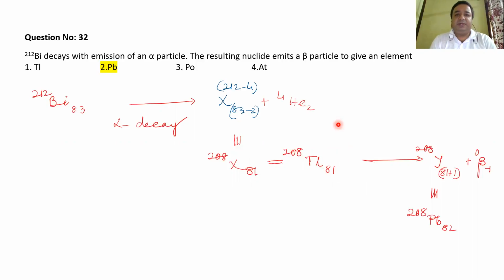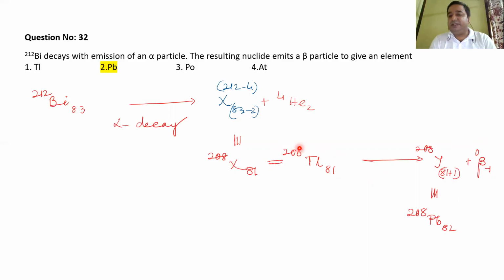Now here, this particular thallium is further undergoing a beta decay. A beta decay means obviously a neutron is converted to a proton and a beta particle. If you write the beta particle, you see it has a charge of -1. That means we will add 1 unit of charge to the atomic number, which becomes 82.